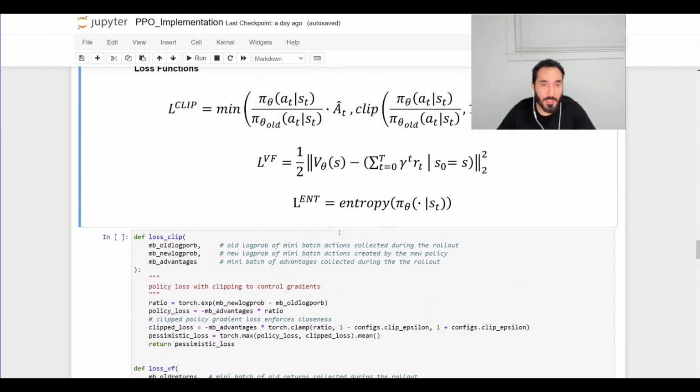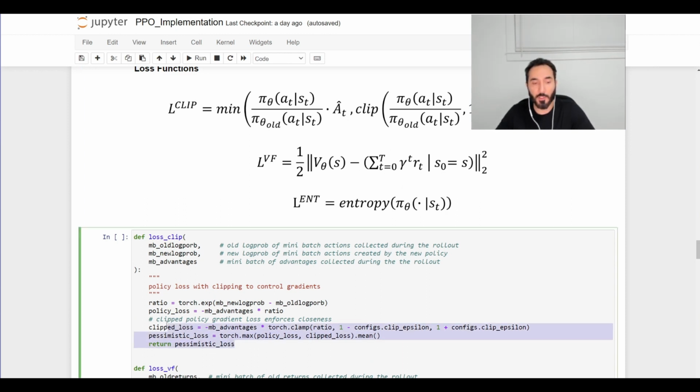So you can see that this formula that we have over here corresponds exactly to the clip loss that we have over here. So the old log probabilities and new log probabilities, and then when you subtract them and take the exponential, remember these are logs, so the exponential of a log will give us the ratio exactly as we have here.